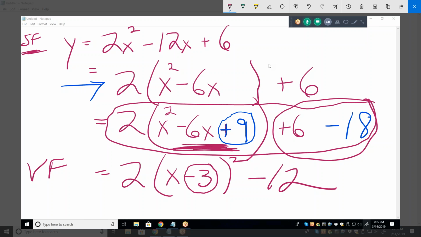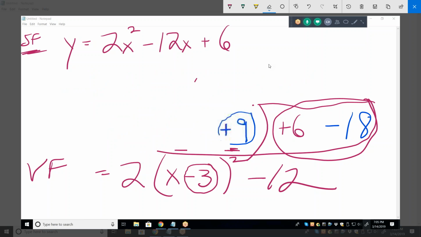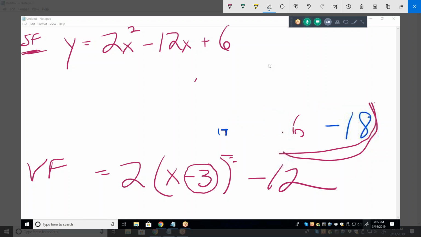Now, tell me the vertex. Let me erase some of this stuff so I have some room to work with. 3, 12. Okay, good. 3 and what? Negative 12. Okay.